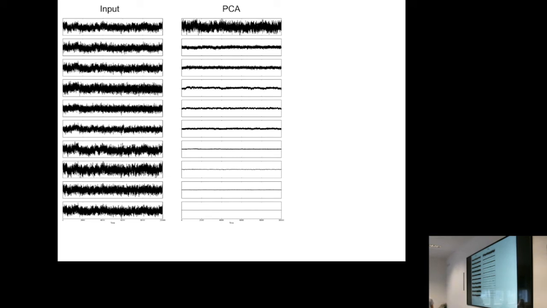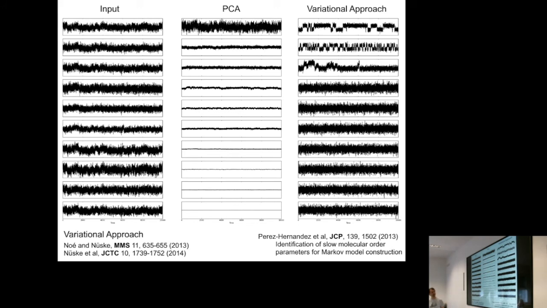So we take this 10-dimensional time series. We try PCA, okay, that gives us a sorting of the dimensions by large variance and small variance, but it still looks not very interesting. And if we use this variational approach, or TICA, we get this. So you see 3 coordinates now, where you really see a distinct transition behavior, some slow processes, and then this looks pretty much like noise.